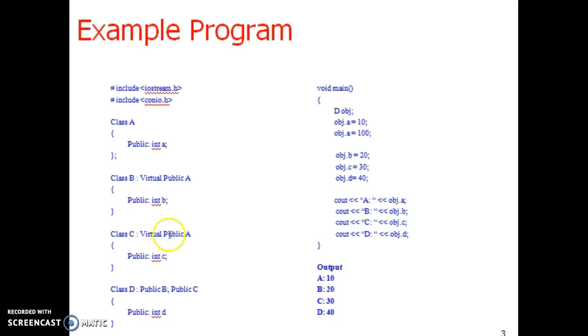Because of this introduction of the virtual keyword, whenever you are inheriting the base class, it will solve that ambiguity problem that arises in multipath inheritance.